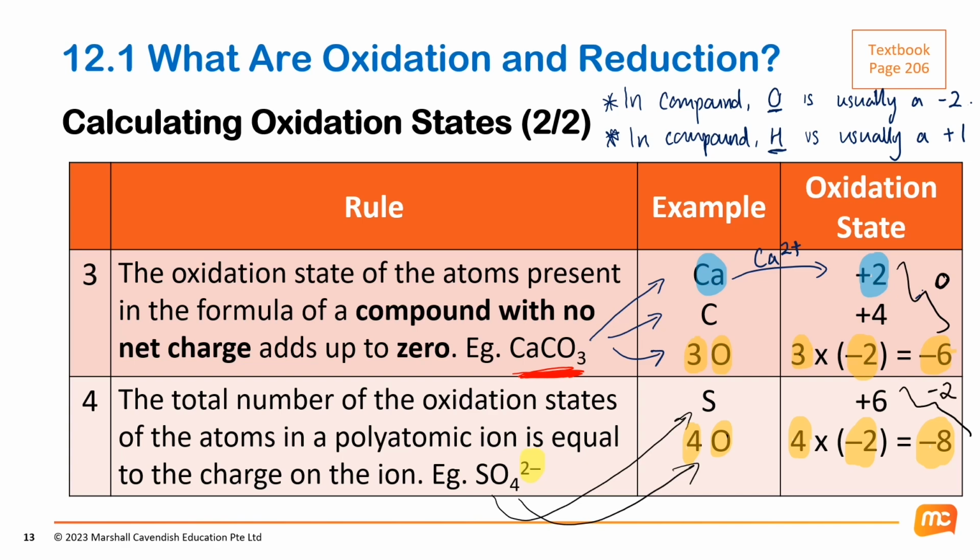This -2 over here and this -2 over here must actually match. This will mean that the sulfur oxidation state will have to be a +6, because +6 and -8 is a -2. Right? So take note of how this comes about in terms of how we calculate the oxidation state.